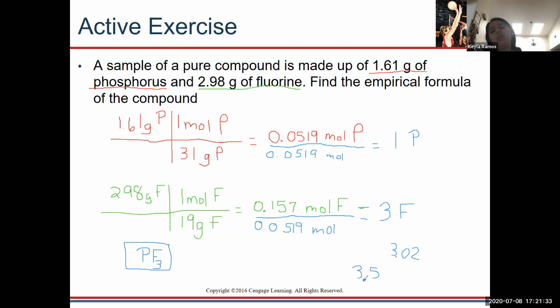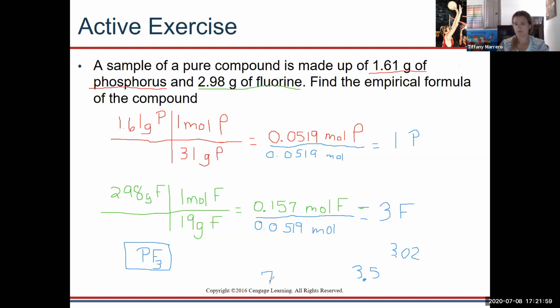Oh, okay. So in this situation, you won't round up. You want to try to get it to the nearest whole number, right? So in this case, you'd have to multiply both numbers by a way of getting this guy to the nearest whole number. So if we multiply both of these by 2, 3.5 times 2 is what? 7.